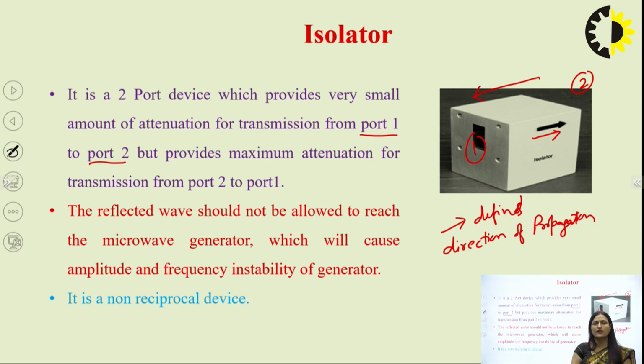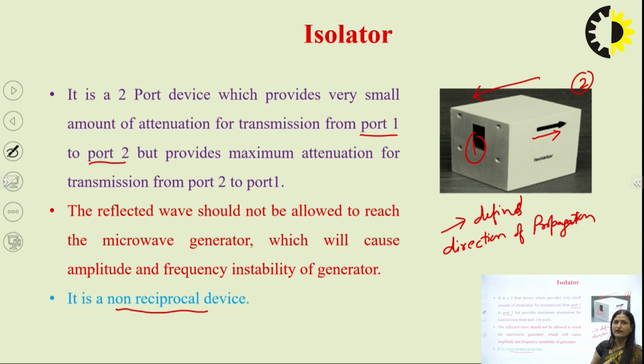So basically this is used to isolate two particular devices. The reflected wave should not be allowed to reach the microwave generator, which will cause amplitude and frequency instability of the generator. That's why the first component after the microwave source is the isolator, because it will isolate any reflection from the load to the source to protect the generator, and it is a non-reciprocal device.